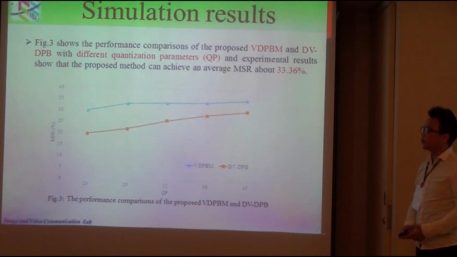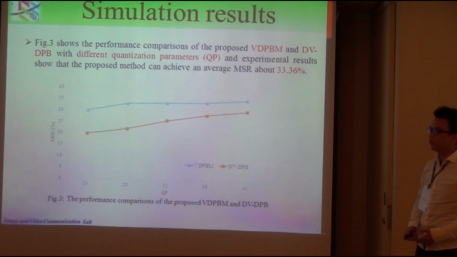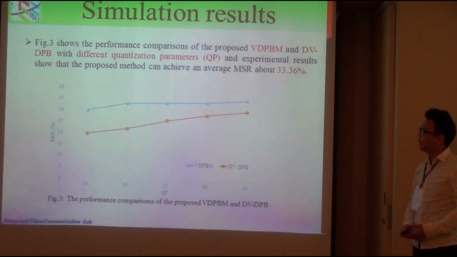Figure 3 shows the performance comparison of the proposed VD-DPB and the DV-DPB with different quantization parameters, and the experimental results show that the proposed method can achieve an average NSR of about 33.36%.